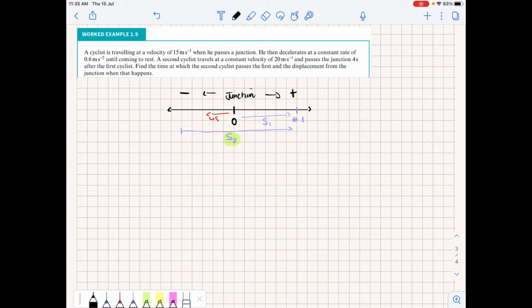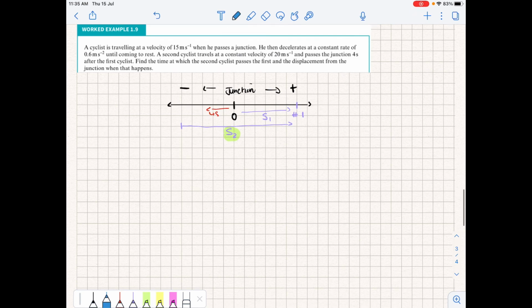What we're interested in is the displacement, the distance away from the starting position to some point, okay? And in order for them to be at the same position, because that's what displacement is, position, their displacements must be the same.